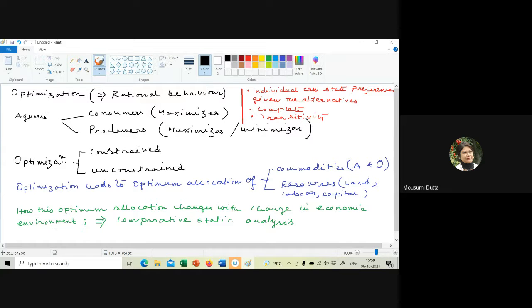Now, if all of them behave rationally, at the end, what happens, if everything is perfect, aggregate demand will be exactly equal to aggregate supply, because all are behaving optimally.